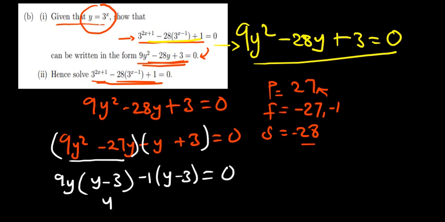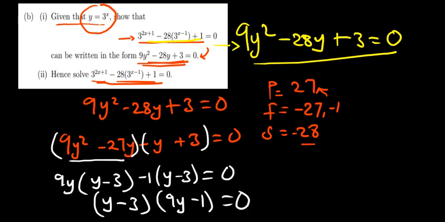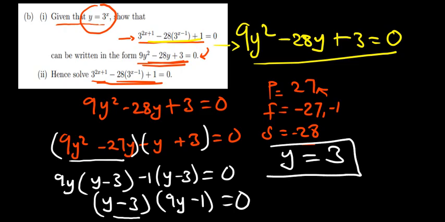So we have y minus 3 in one bracket, and in the other we have 9y minus 1, is equal to 0. Let's find the value of y. If I equate y minus 3 to 0, I get y is equal to 3. That is my first answer. Then if I equate 9y minus 1 to 0, I get y is equal to 1 over 9.